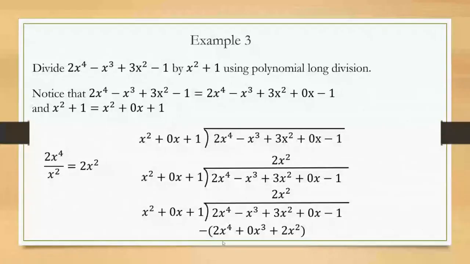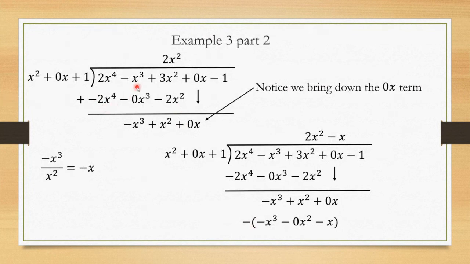It's still 0, so you can write it as 0x, like over here. 2x squared times 0 is 0x cubed. So the coefficient is 0, but the exponent of x becomes x cubed. Theoretically, you really don't have to write this. It's just here for convenience, because minus x cubed plus negative 0 is just negative x cubed.